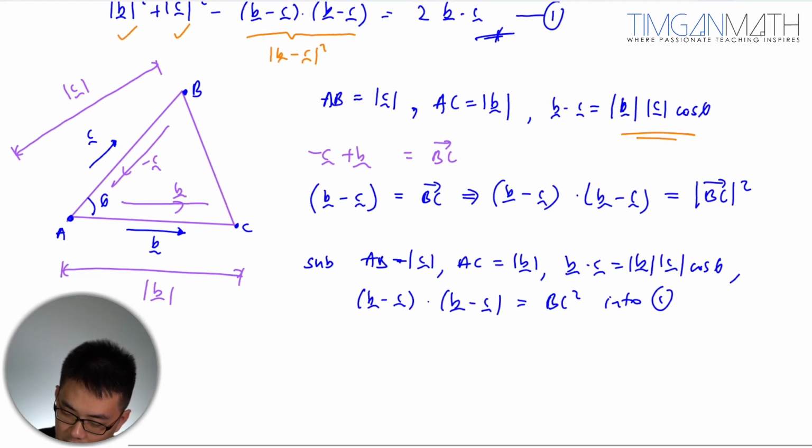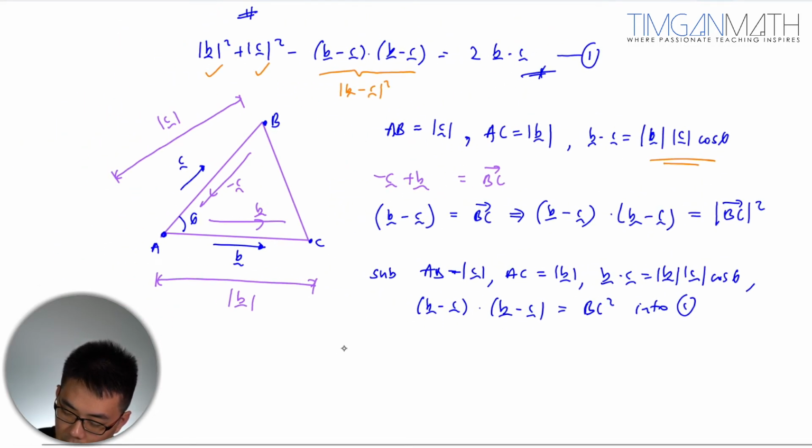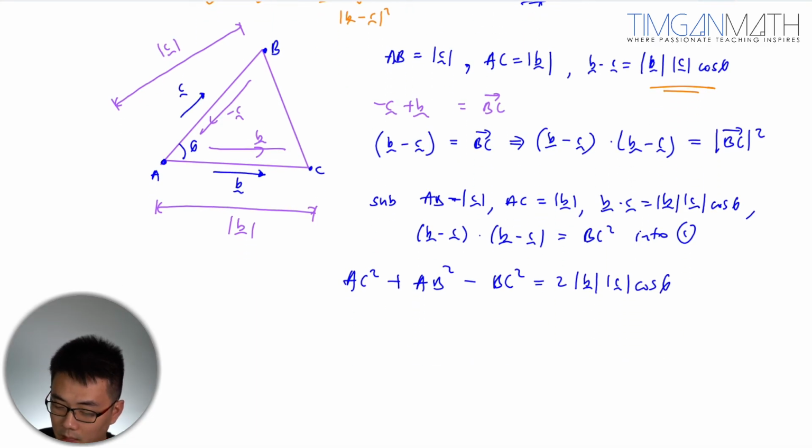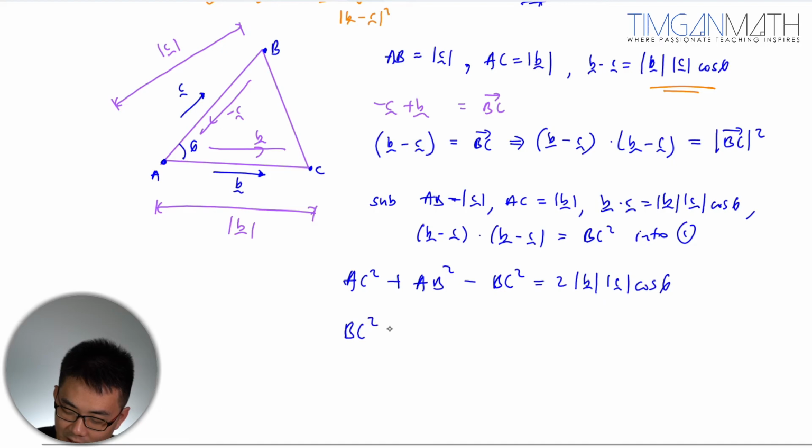What we get is actually AC squared plus AB squared minus BC squared equals 2 mod B mod C cosine theta. Okay, so there you go. This is pretty interesting. So BC is here, and we need to make this the subject.